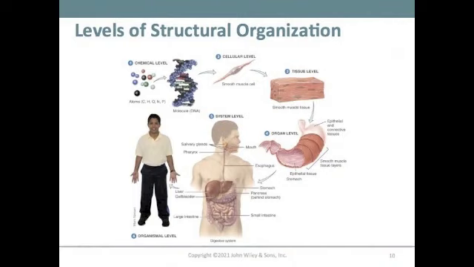And then, of course, that leads us into the cellular level. When we start combining cells, we start to develop tissues. Once we get tissues, we develop the tissues into organs. And then the organ system, we get to the systemic level, and you can see the whole digestive system there on that model. And the next model just shows you the organismal level.